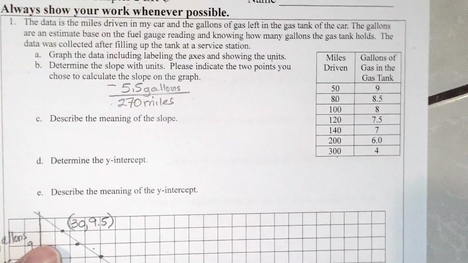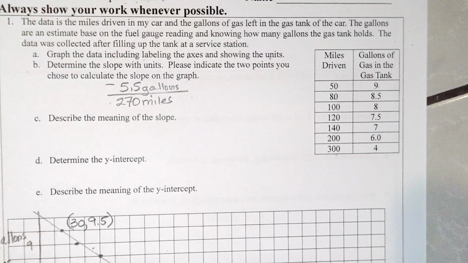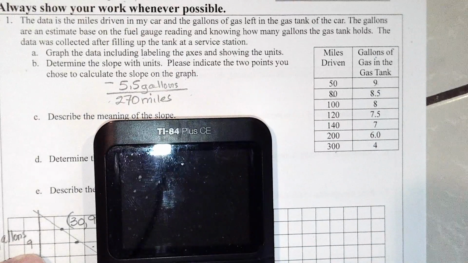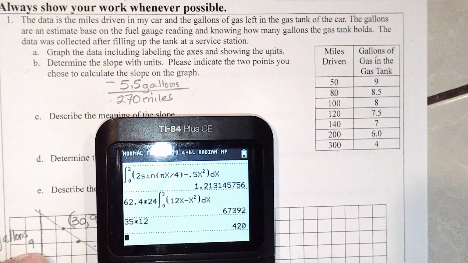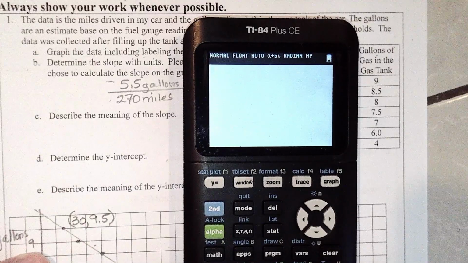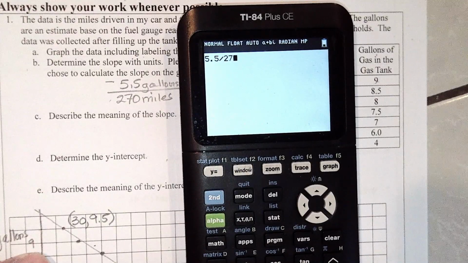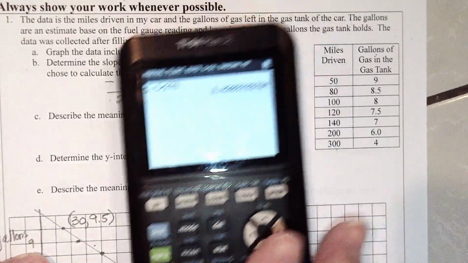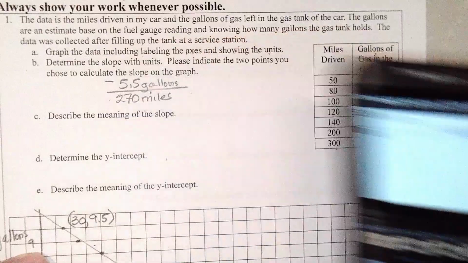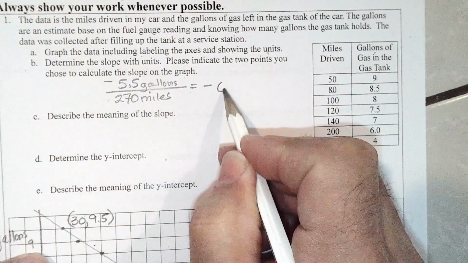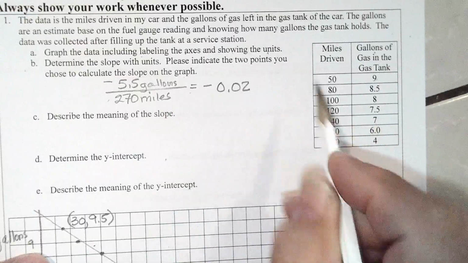Now you won't get exactly the same as I got here, but you should get something in the ballpark. And so if I change this to decimal, I'll know whether you're in the ballpark with me if you do yours in decimal. So 5.5 divided by 270 is negative 0.02.